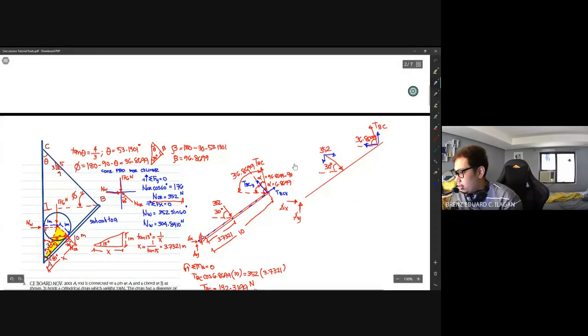So, summation of forces X first, assuming this direction as positive.